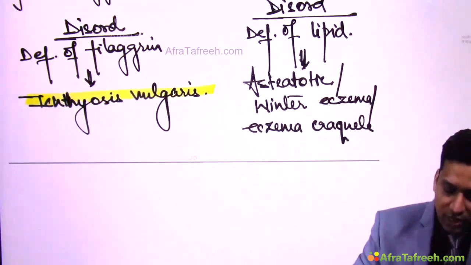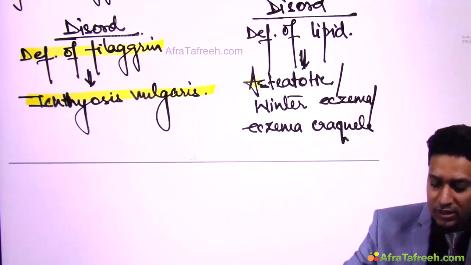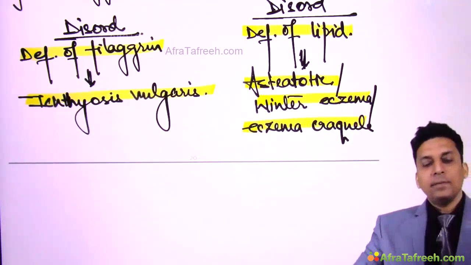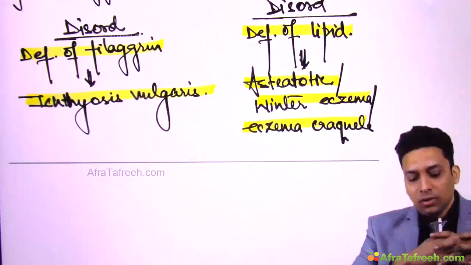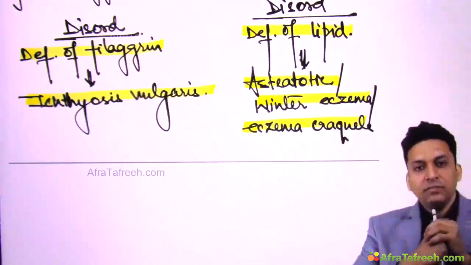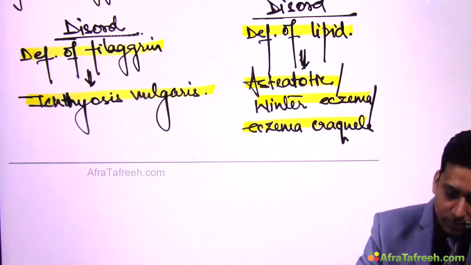So ichthyosis vulgaris is due to deficiency of filaggrin. Steatotic or winter eczema, also known as eczema craquelé, is due to deficiency of lipid. So these are two important disorders which might arise when there is a defect in these granules or in the protein which is being synthesized by these granules.